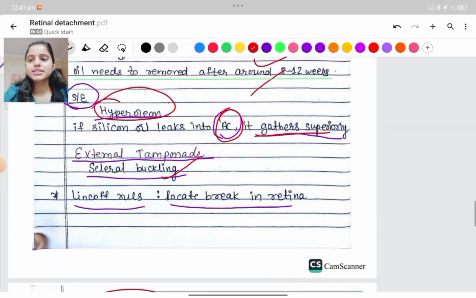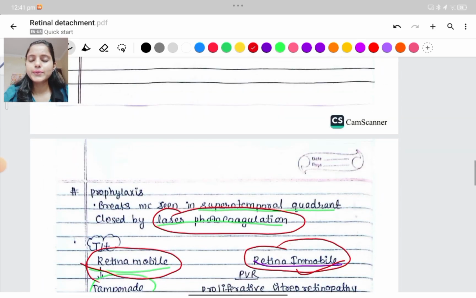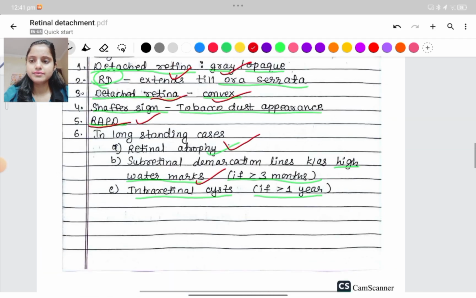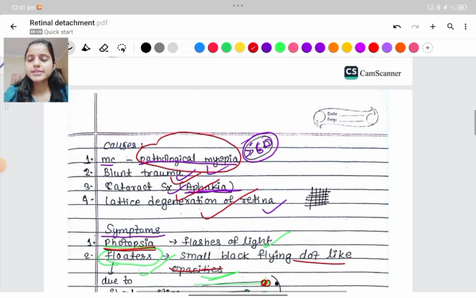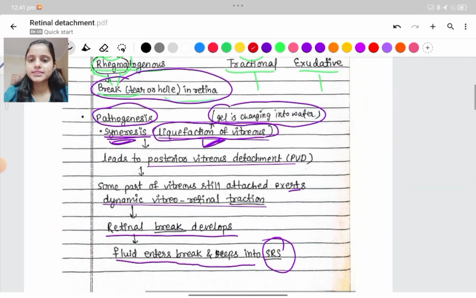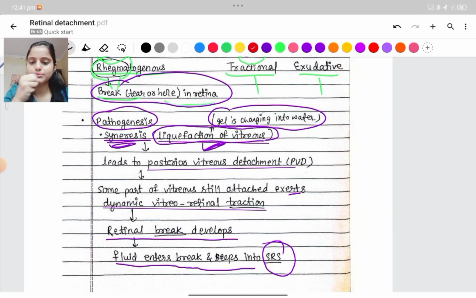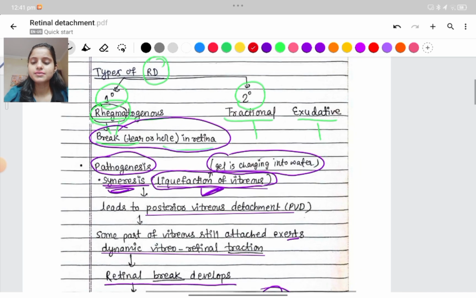So there are a total of 3 types of retinal detachment: rhegmatogenous, tractional, and exudative. In rhegmatogenous, we see the pathogenesis: liquefaction of vitreous, vitreous detachment, then it exerts traction, and the retina breaks and the fluid enters into the subretinal space.